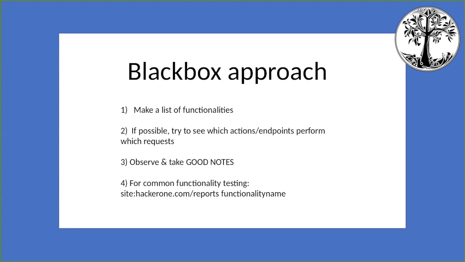So this is what I told you before. Try to see which stuff generates which stuff, which requests are generating what, and also, if possible, in which order. Also, observe and take good notes. I will insist a lot on this. Some apps are really huge, really, really complex, and it is just not possible, at least for me, to remember everything.